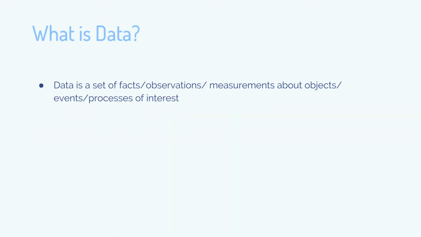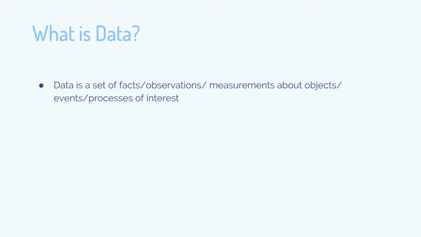So what is data, right? Data is all about facts, a set of facts. A set of facts means news or other information, other technology-related news. So a set of facts, observations or measurements about objects, events and processes of interest, anything.